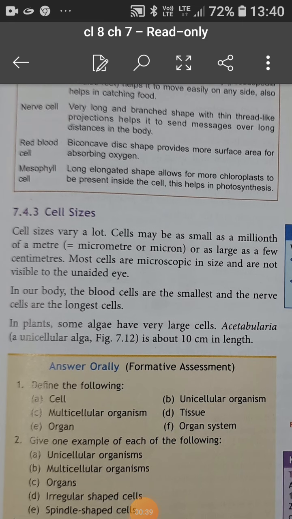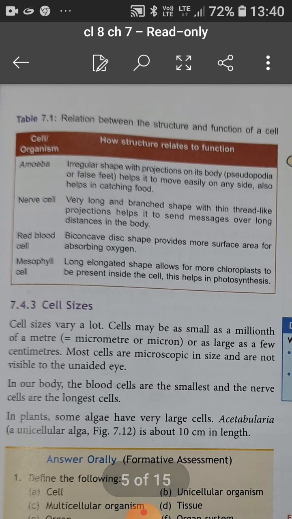So first, you can see in this table, amoeba. Amoeba has irregular shape. Irregular means not defined. With projections, underline this word projection, means overhang, with projections on its body.